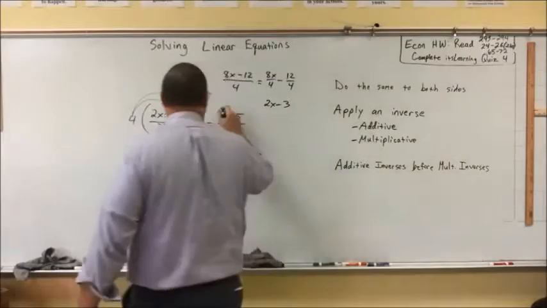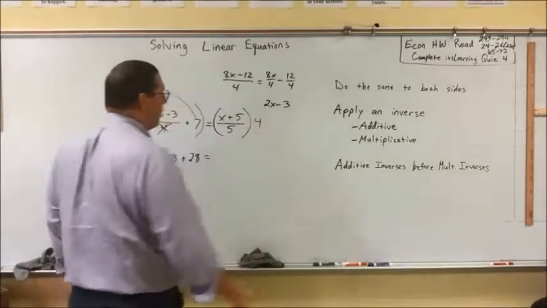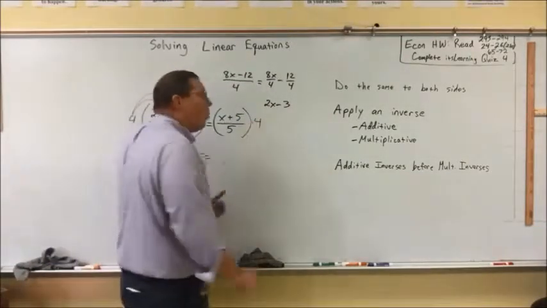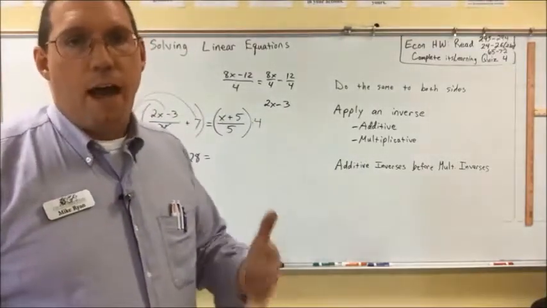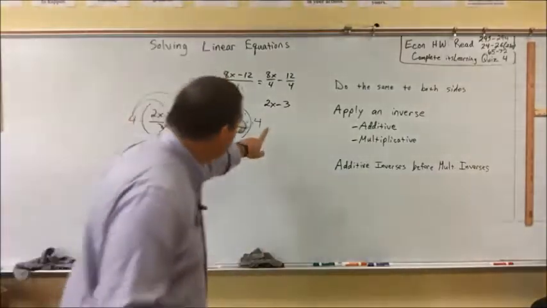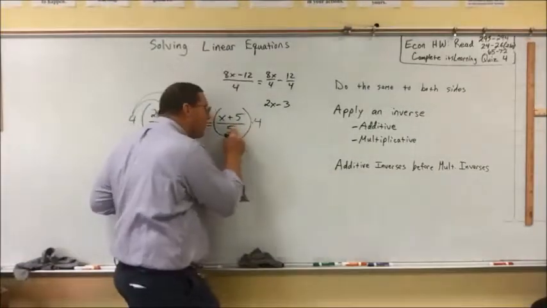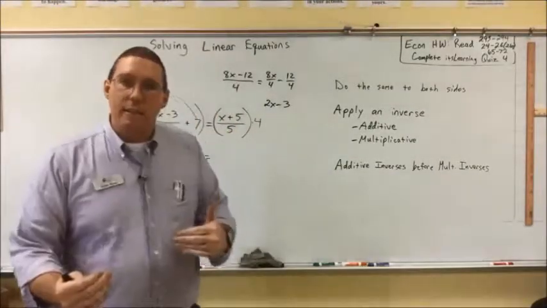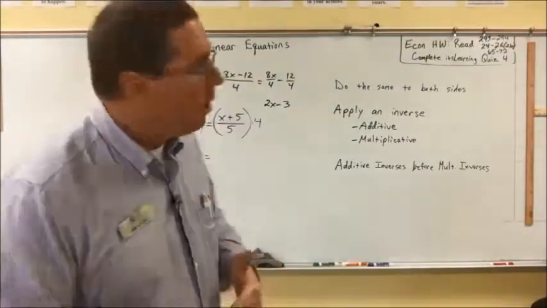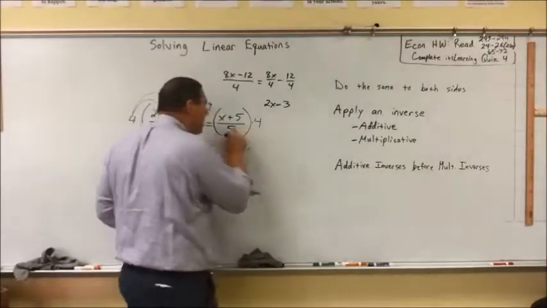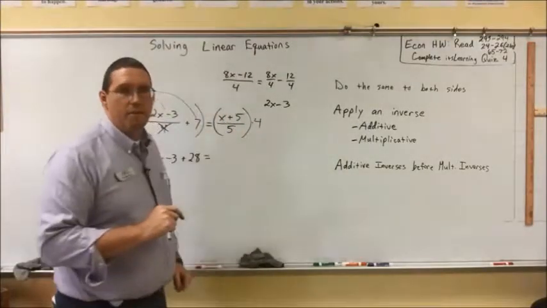Now, over here, I also have to multiply by 4. But when you multiply a fraction times a number, and the number you're multiplying by is not the denominator, then you cannot cancel the denominator. This 4 will not cancel this 5 in this denominator.